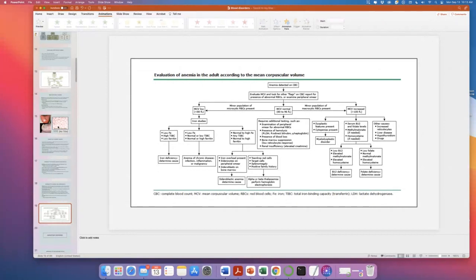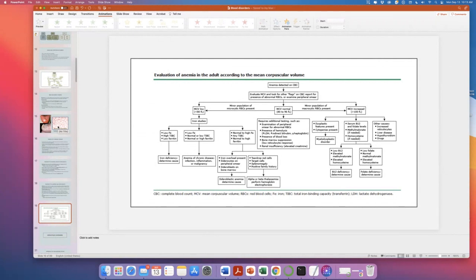Fatigue, shortness of breath, that can be on exertion or at rest if the anemia is very severe, or pale mucous membranes, etc. Sometimes there may be jaundice if the anemia is hemolytic. But besides that, there is not much that we can use clinically for the differential diagnosis.